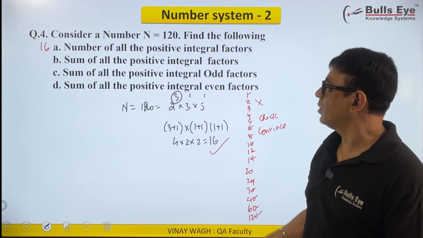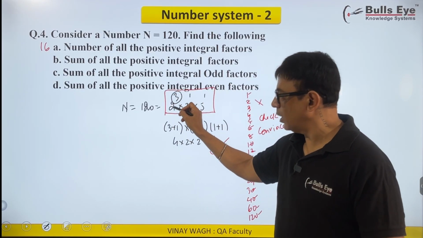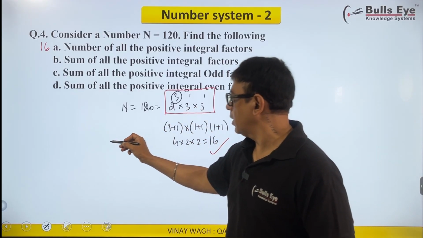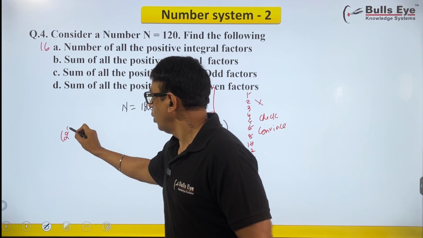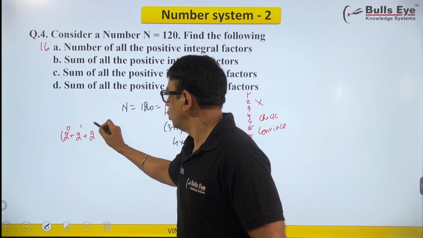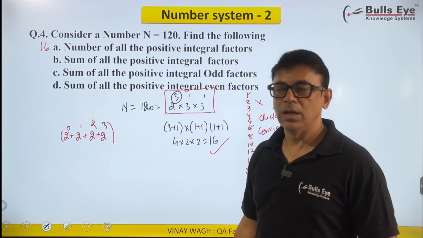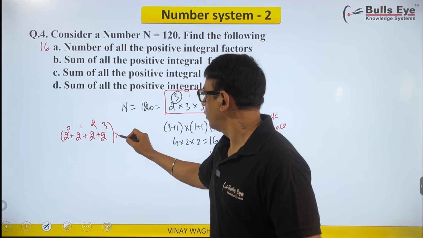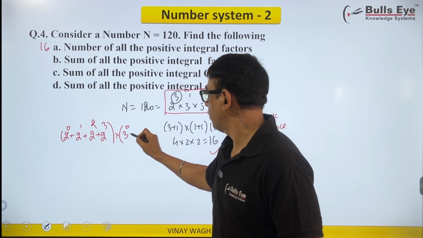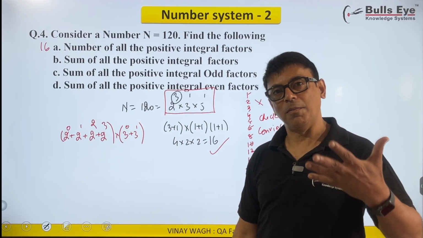Second, the sum of all the positive factors. To find the sum of positive factors, again, start by breaking this up: 2 raised to 0, which is 1, is a factor, then 2 raised to 1, 2 raised to 2, and stop at 2 raised to 3, which is the highest. How about 3? It is 3 raised to 0, which is 1, and 3 raised to 1, where you stop since 1 is the maximum.